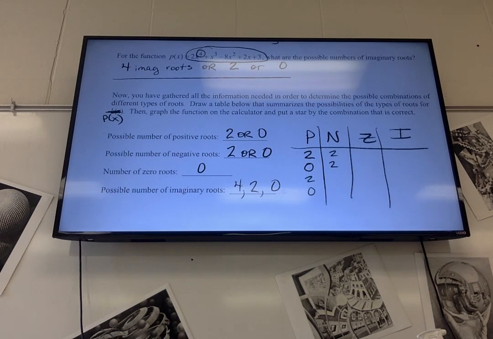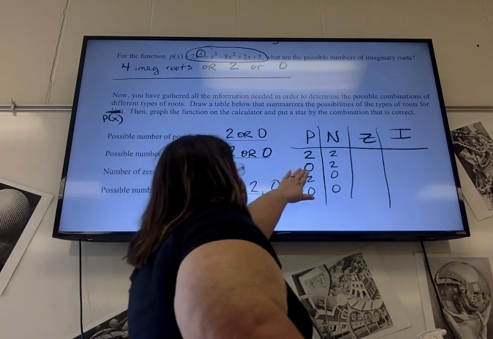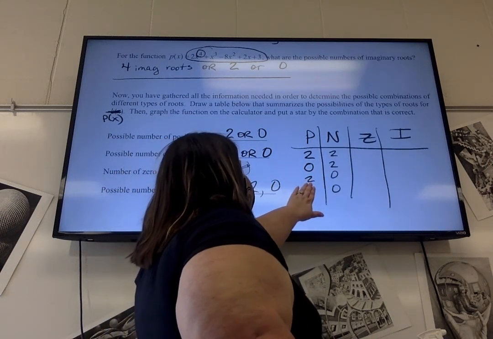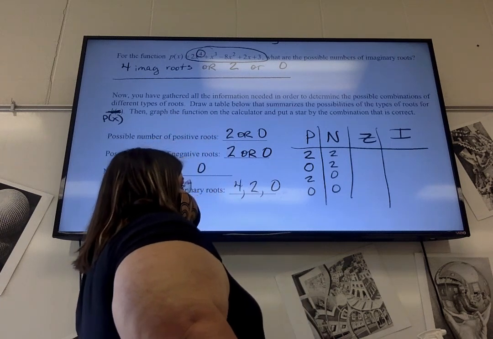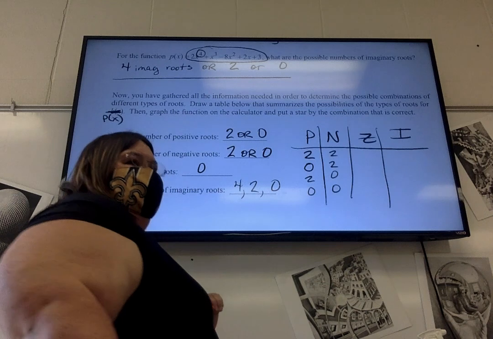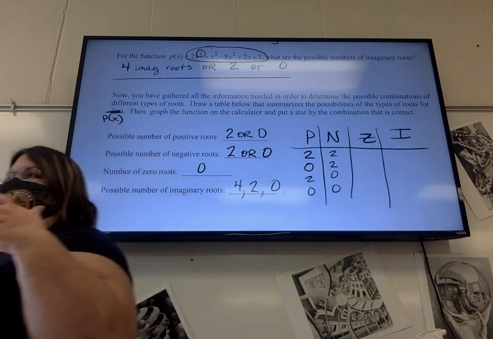And then 2 or 0 again, and we'll put zeros for each of those. We're trying out all the possibilities. So we could have 2 positives and 2 negatives. Or we could have no positives and 2 negatives. Or we could have 2 positives and no negatives. Or 0 positives and 0 negatives. So basically all the combinations.